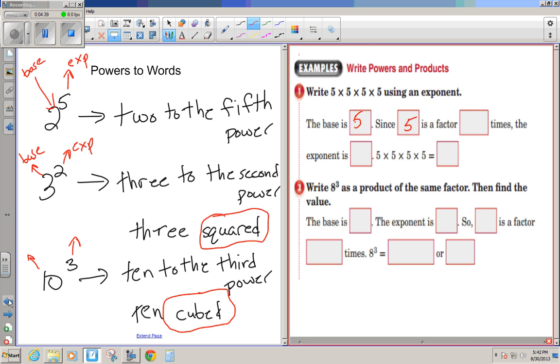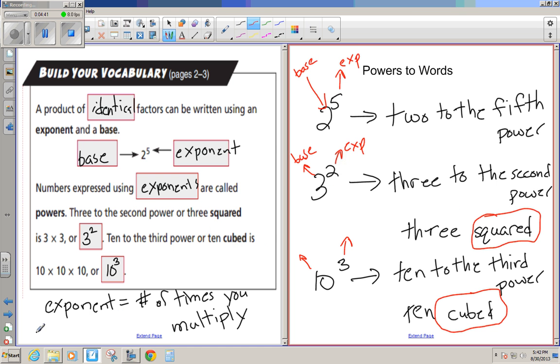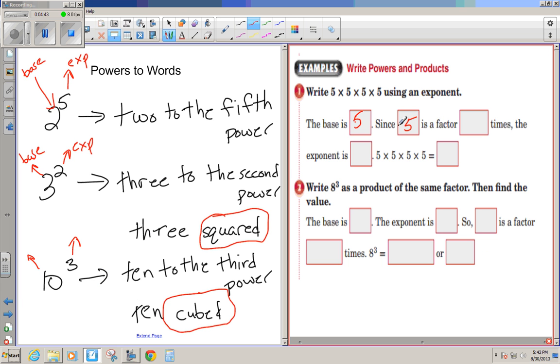Remember, we should have written down exponent equals the number of times you multiply. So 5 is a factor 4 times. Therefore, the exponent is 4. So 5 times 5 times 5 times 5 is 5 to the 4th.